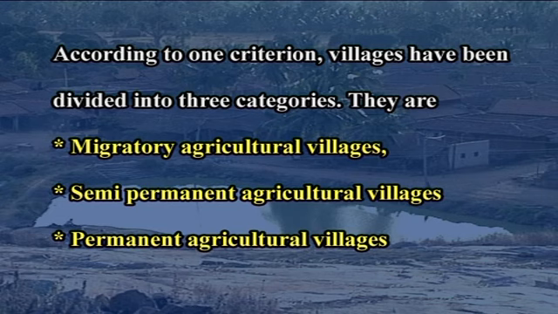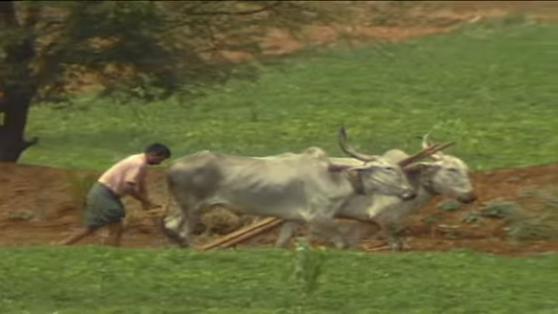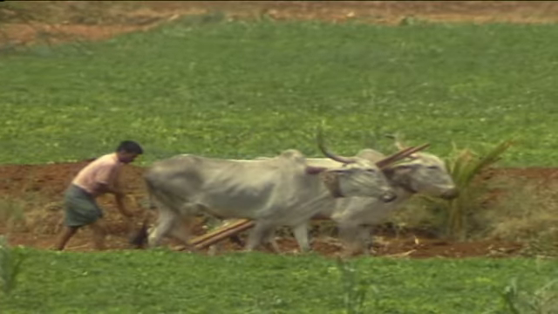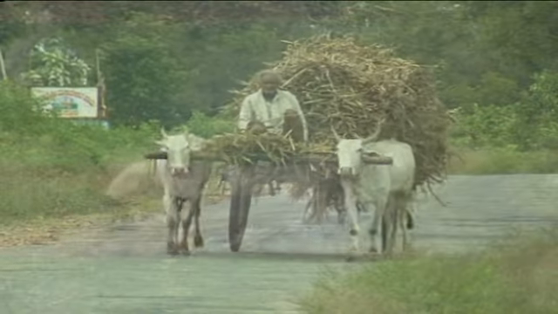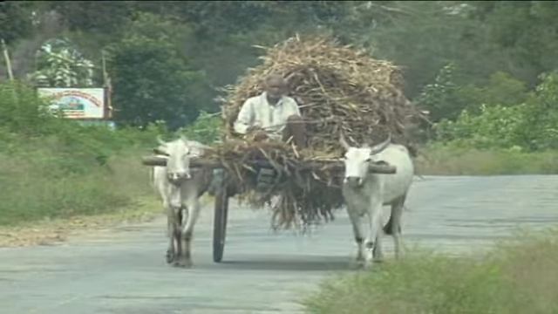According to one criterion, villages have been divided into three categories. They are migratory agricultural villages, semi-permanent agricultural villages and permanent agricultural villages. Migratory agricultural villages refer to the villages where the people live in fixed abodes only for a few months.